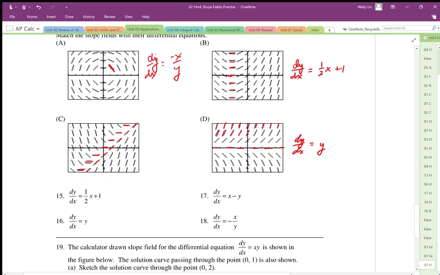And along any diagonal line here, we're going to get the same slope because all those terms have an x minus y that's constant. And I can see that, yeah, along these diagonal lines, it looks like we're going to have the same slope. And again, if I'm not sure, I can double check a few more points. At x equals 2, y equals 0, I have a slope of 2. Yeah, that looks like it's going to match my derivative. So dy by dx is equal to x minus y.